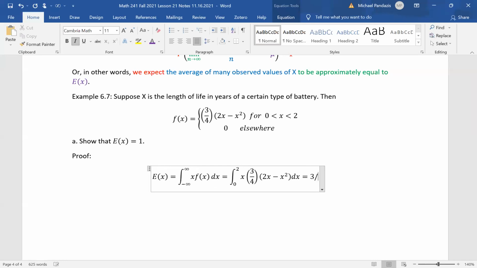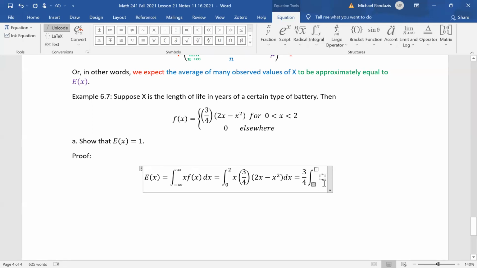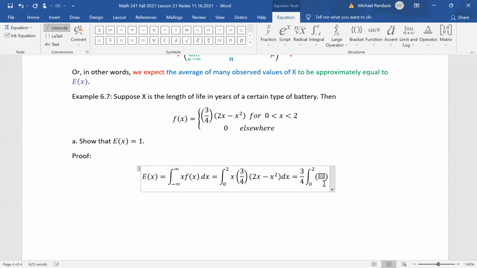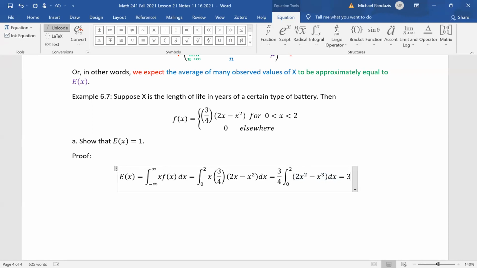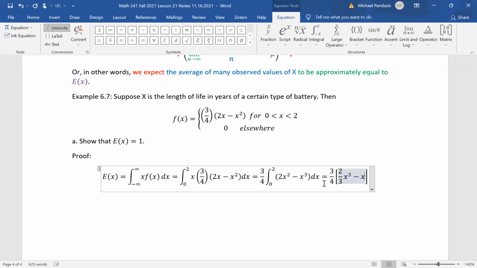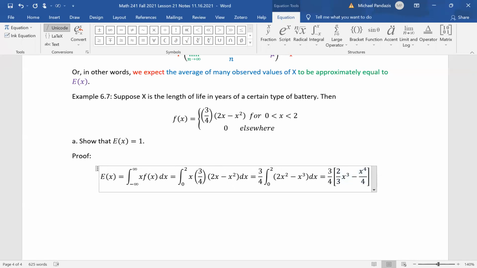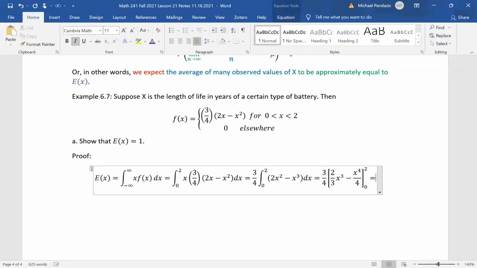So this is equal to, you take the constant 3/4 out. You're integrating from 0 to 2, and now x times 2x minus x squared is 2x squared minus x cubed dx. This is equal to 3/4 times 2/3 x cubed minus x to the 4th over 4, evaluated from 0 to 2.